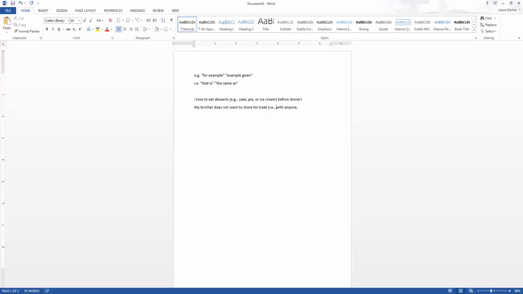So I'm going to say that is a chocolate-covered banana. My brother does not want to share his treat, that is a chocolate-covered banana, with anyone. So that gives you 2 examples of sort of casual sentences that you might use the e.g. example given, or the i.e. that is. Now, here's 2 more academic sentences that you might use the e.g. or i.e. in, just so you can see how that's done.